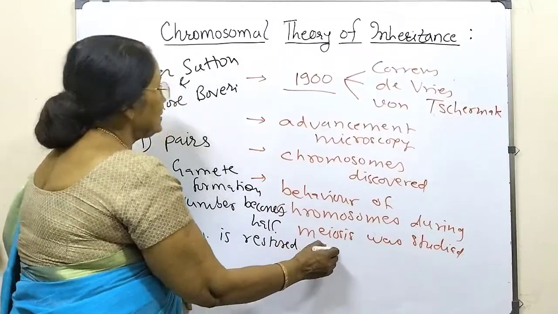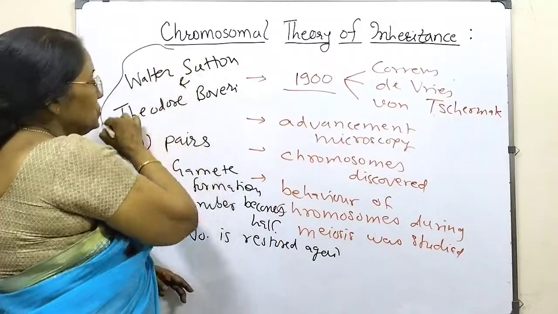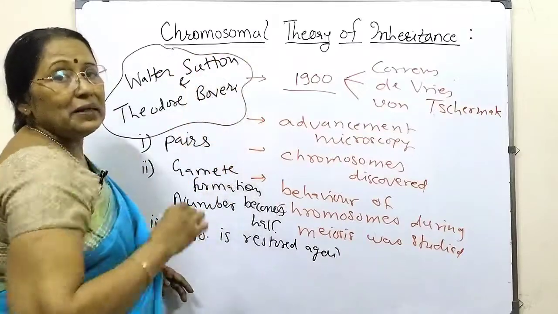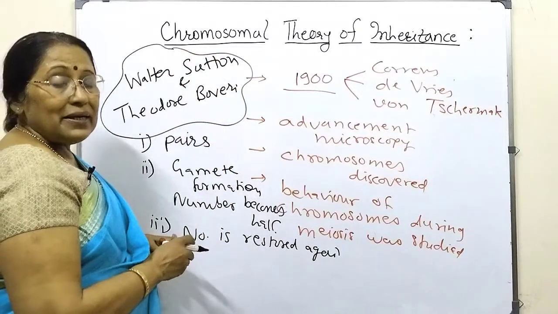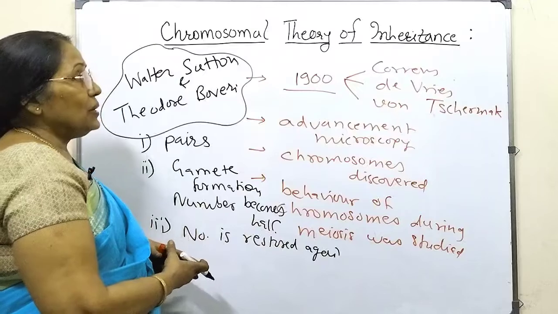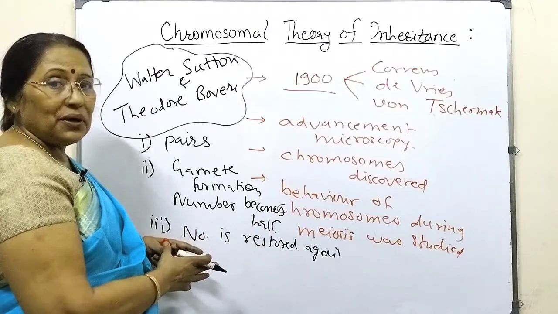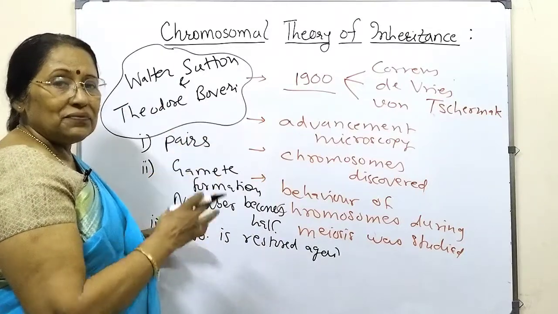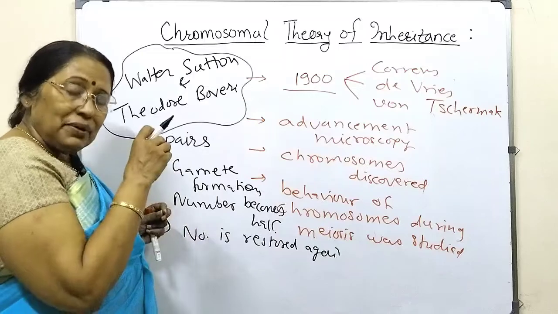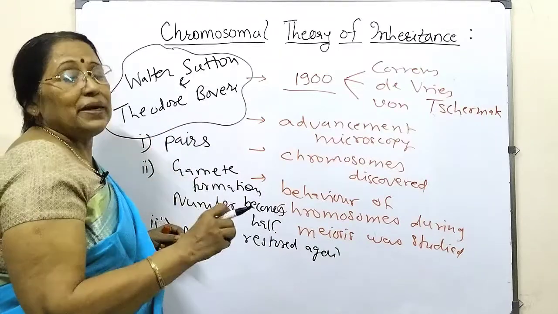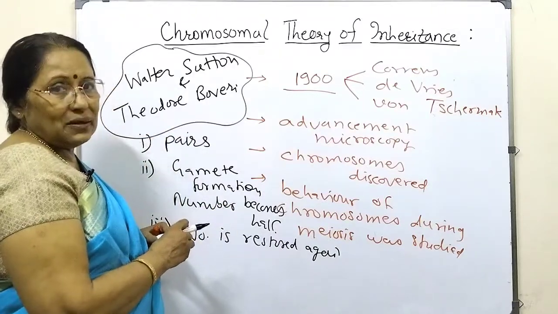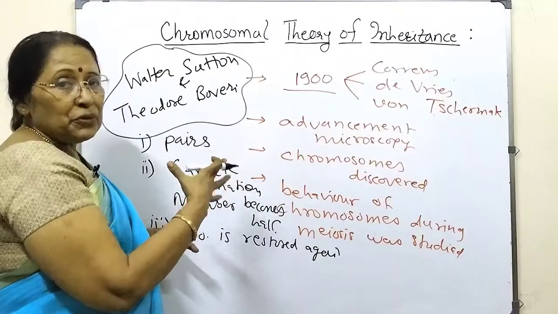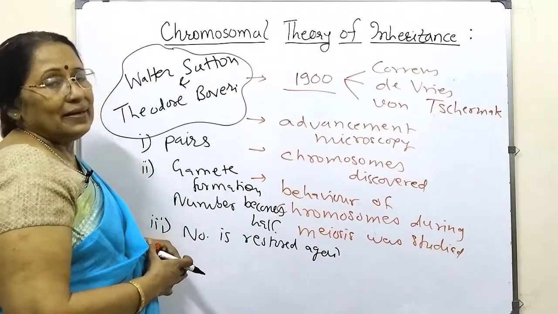So what these two did, they re-explained Mendel's law on the basis of observation of chromosomal behavior, chromosomal movement during meiosis, which is famously known as chromosomal theory of inheritance.